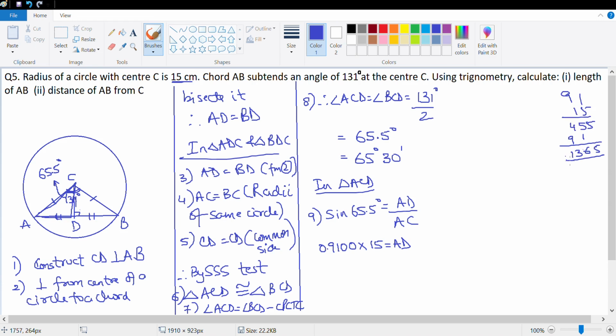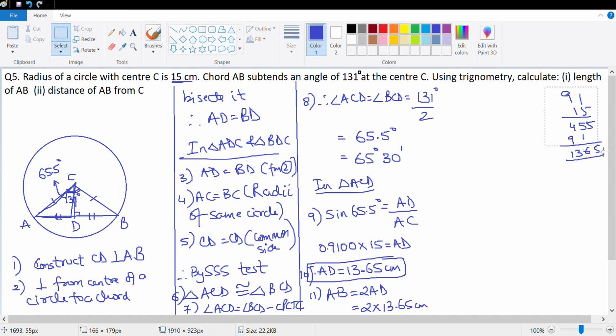So this is 13.65. Therefore, AD is equal to 13.65 centimeter. Done. We need to calculate the length of AB, which is point number 10, which means AB is equal to 2 times AD, which is 2 into 13.65 centimeter.